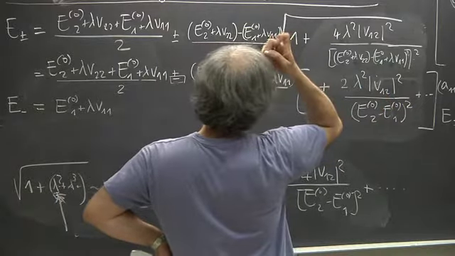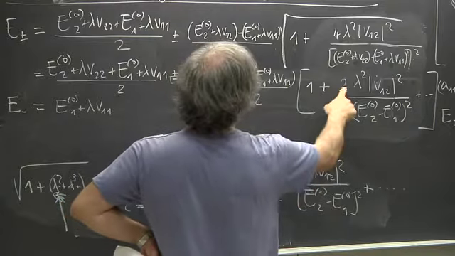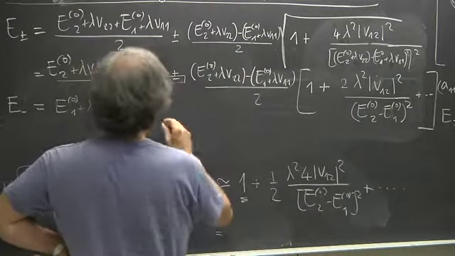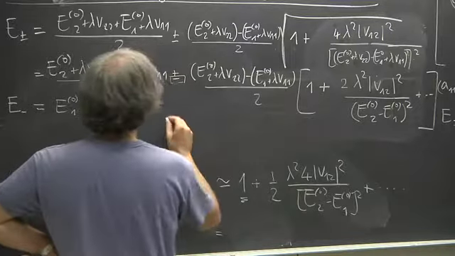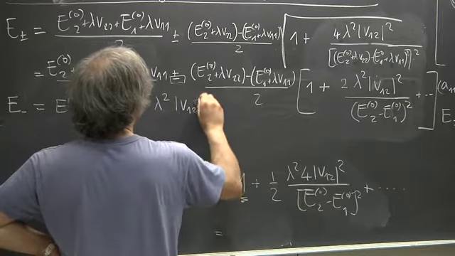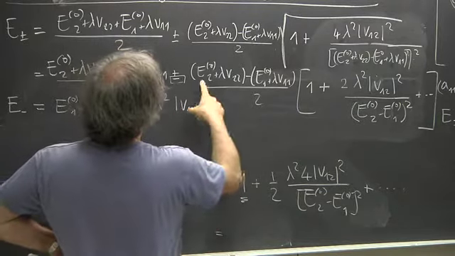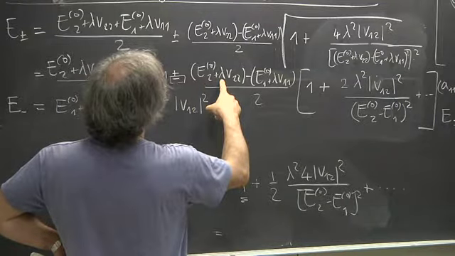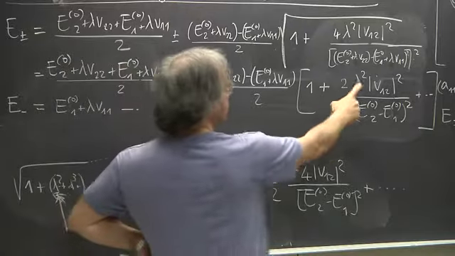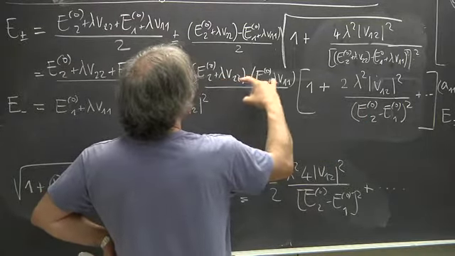And you see immediately that I have the 2 and the 2 there. So I have minus. The 2 and the 2 cancel. I have lambda square V12 square. Then I have, from here, if I want the lambda square term, which is dictated by this, it's enough again to take here lambda equal to 0.